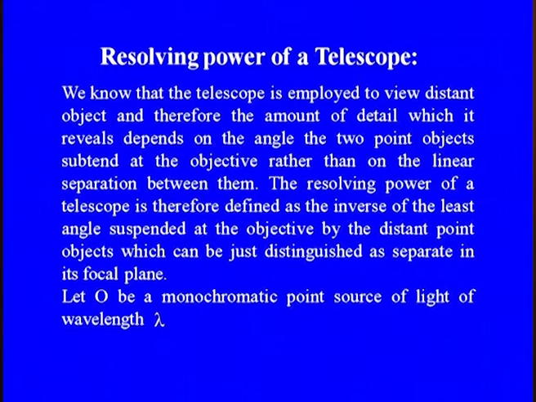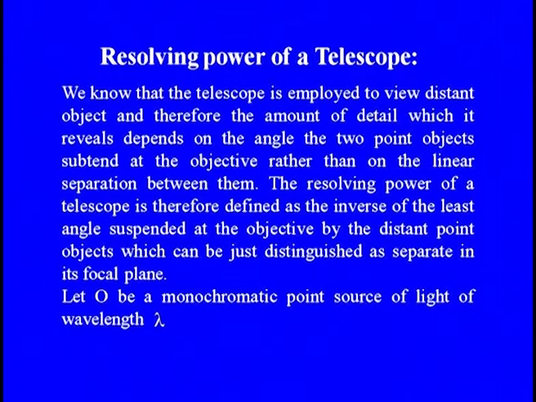The resolving power of a telescope is therefore defined as the inverse of the least angle subtended at the objective by the distant point objects, which can be just distinguished as separate in its focal plane.